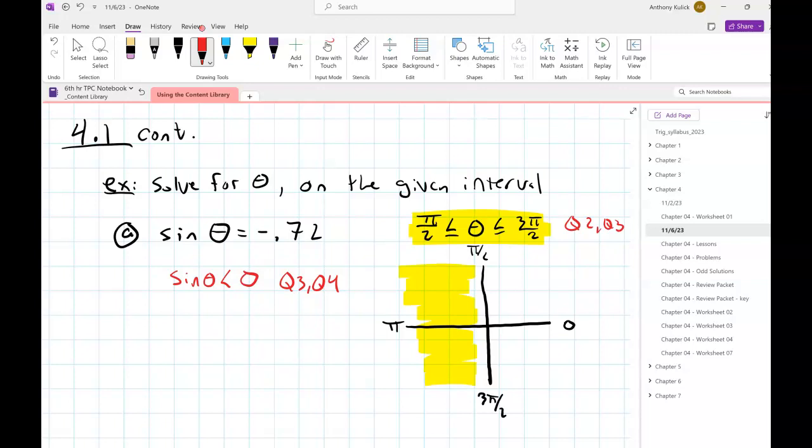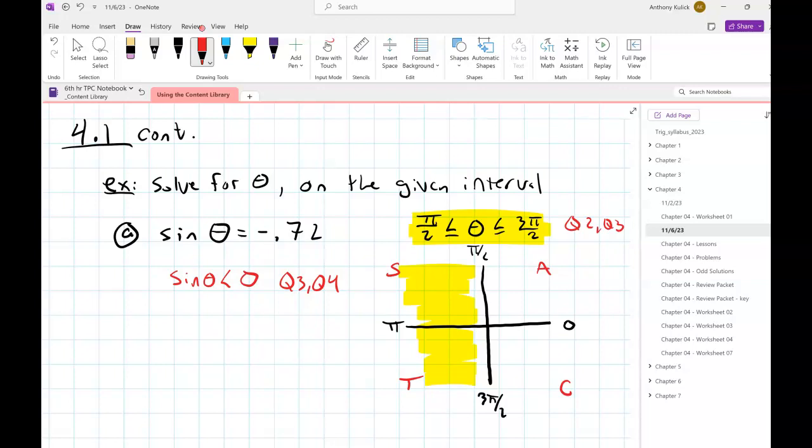Or if you remember this acronym, all silly turtles crawl, what that acronym tells me is the trig function that is positive in that quadrant. So A stands for all of them, sine, cosine, tangent, all positive in quadrant 1. In quadrant 2, S says sine is positive.